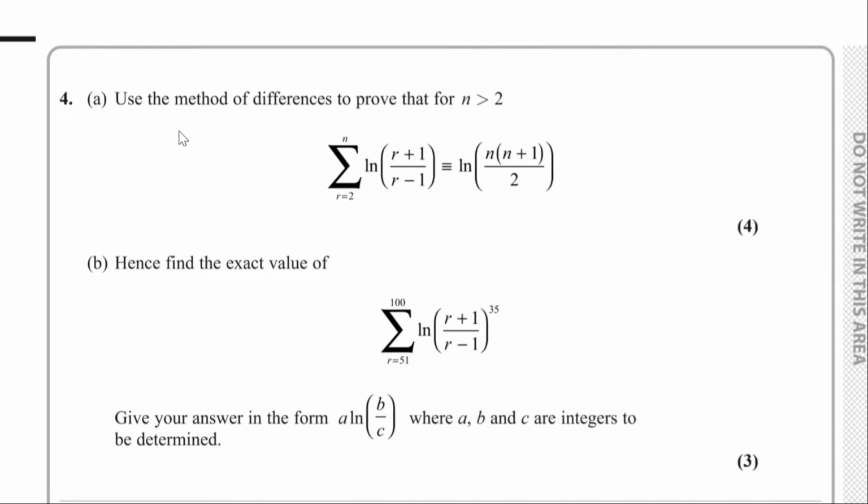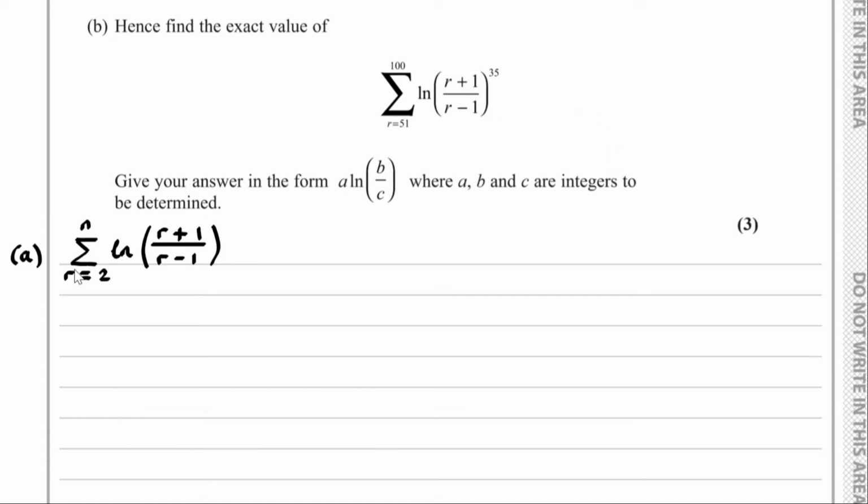Question number 4 for part A, we have to use the method of differences to prove that for n being greater than 2, the sum of the natural log of r plus 1 over r minus 1 from r equals 2 to r equals n is equivalent to the natural log of n times n plus 1 over 2.